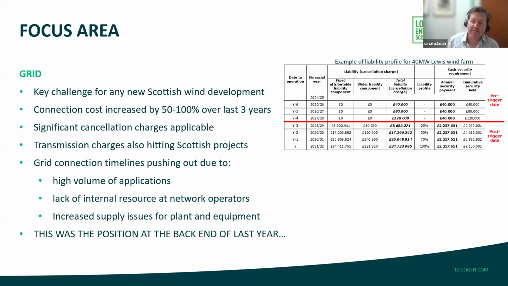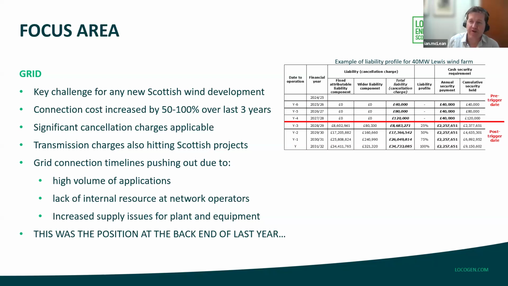Just in terms of one of the main pressures, grid connection costs have generally increased by 50 to 100%, or sometimes more, over the last 3 years. A lot of that was triggered by significant inflation on cable costs and switchgear and transformers and other electrical equipment.